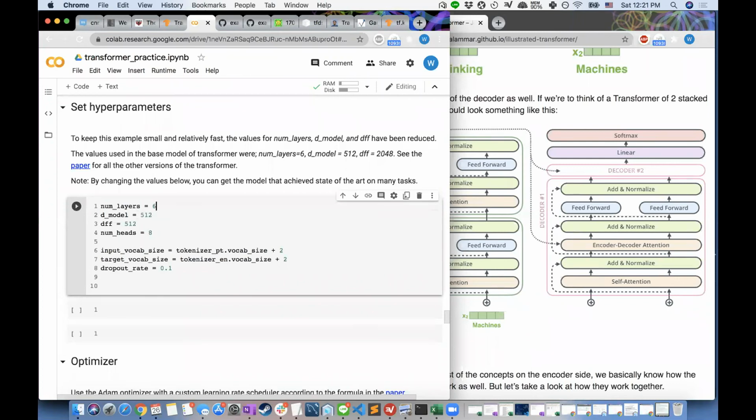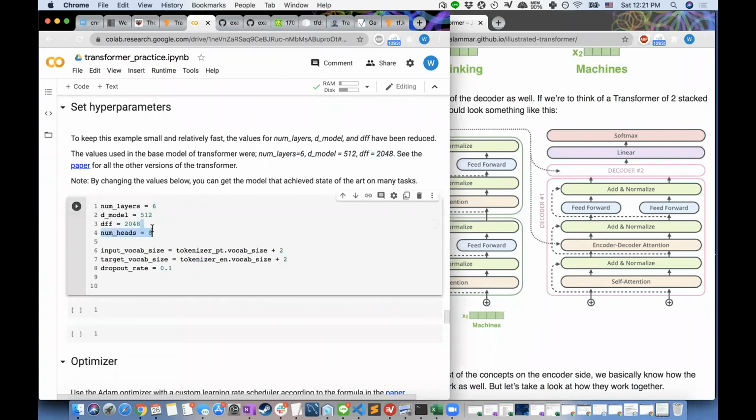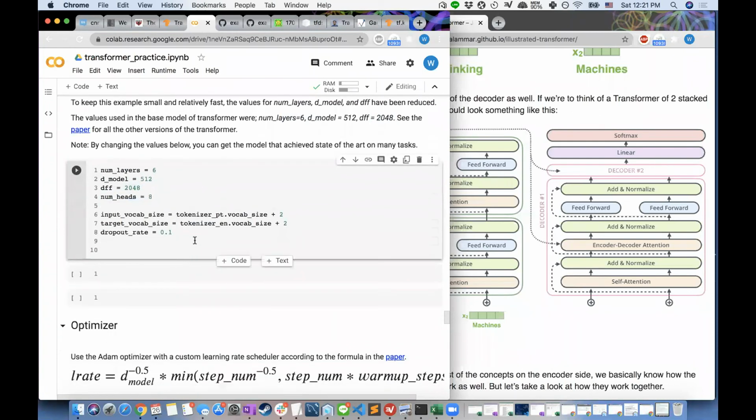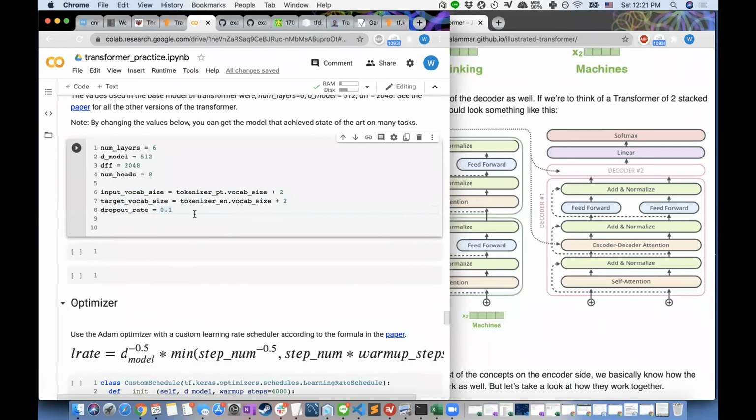It should be 512. It says right here: D model should be 512, DFF should be 2048, number of heads equal to 8. Input vocabulary size is tokenizer vocabulary size plus 2. I don't know what that plus 2 is. Target vocabulary size, tokenizer vocabulary size plus 2, dropout rate 0.1.